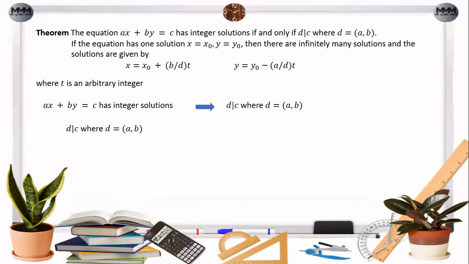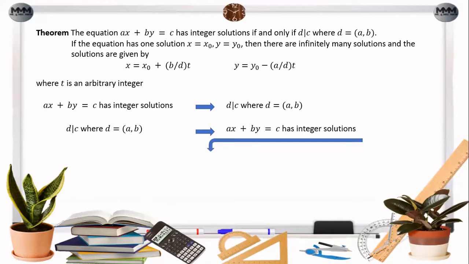Then the other way, if d divides c, where d is the GCD of a and b, then our linear Diophantine equation ax plus by equals c has integer solutions.